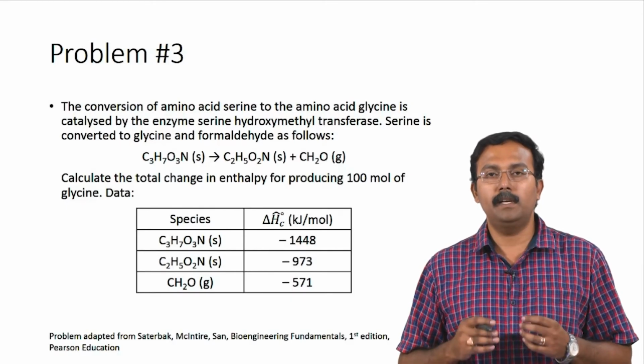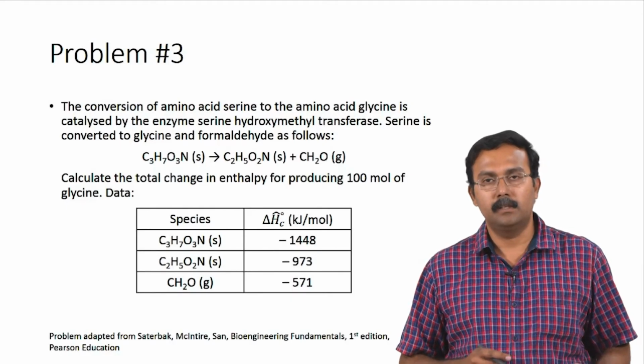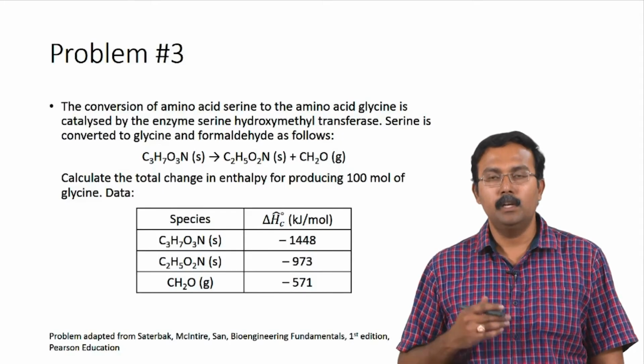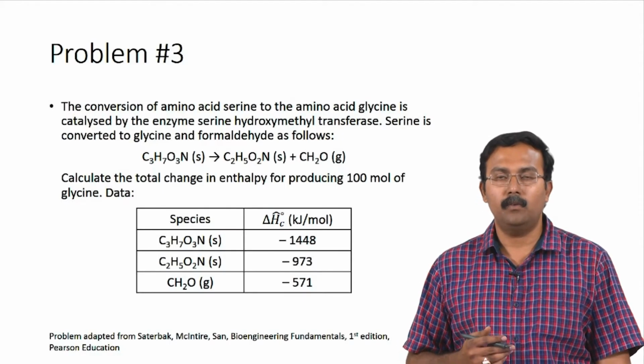Here you have been given the heat of combustion. So, how do we use heat of combustion to calculate the heat of reaction? We have already looked at this in the earlier lecture.